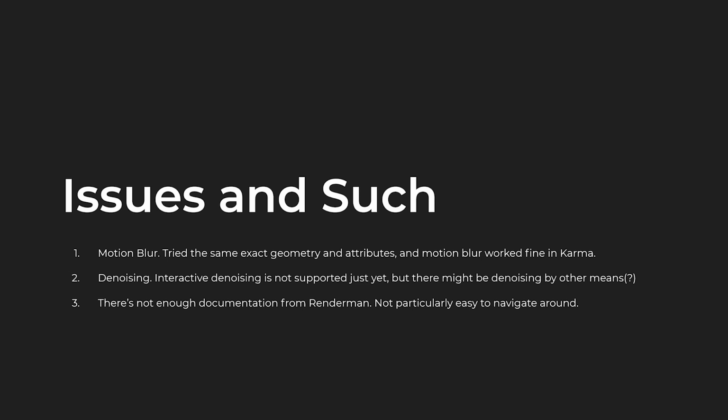And number 3 is, unfortunately, there's not enough documentation yet from Renderman about Solaris and how to render in Solaris. So it's not the easiest to navigate around. But I'm sure as time goes on, Renderman would update their documentation, and they have been doing an awesome job in the past, and I'm sure it'll be the same with this new Solaris documentation.